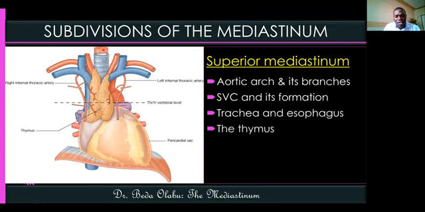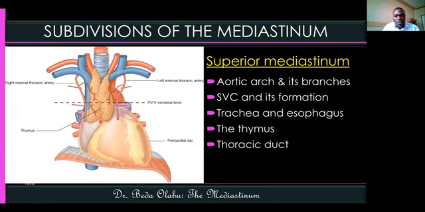The thymus is also a content of the superior mediastinum. This is the thymus. So usually the thymus is located both in the superior mediastinum as well as in the inferior mediastinum. So there's a part of it in the superior mediastinum. There's a part of it in the inferior mediastinum. That is the thymus.